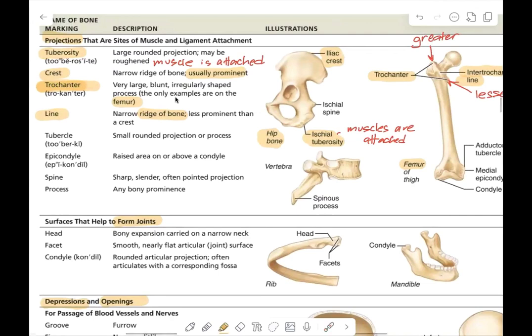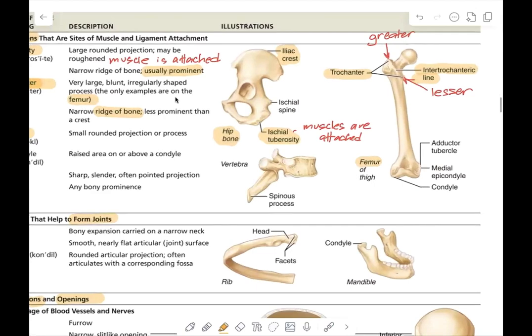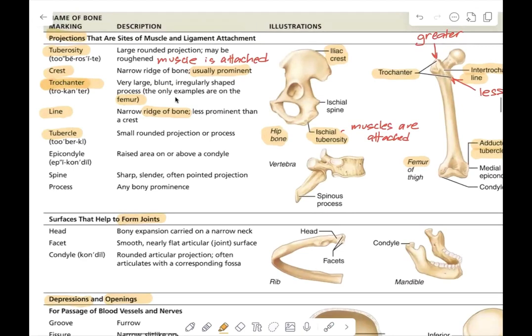We have what's called a tubercle, and a lot of times these tubercles, there's some that are on the humerus, but there's also some on the femur, like the adductor tubercle. And on the humerus, there's a greater and a lesser tubercle. So I'll put here also on humerus.